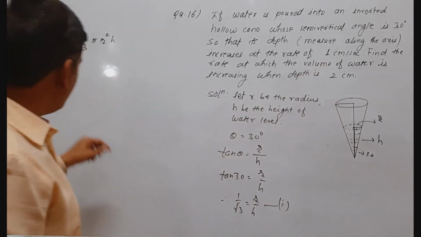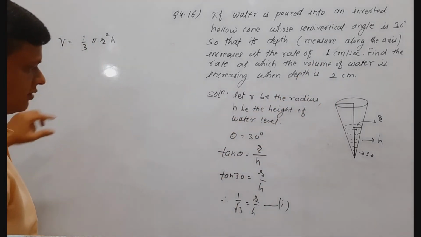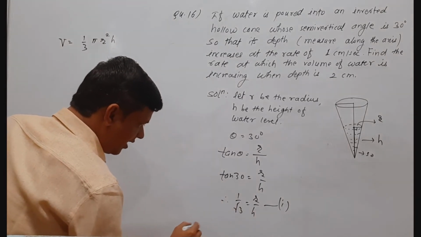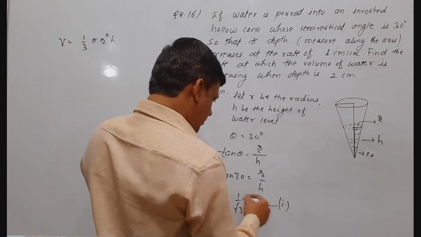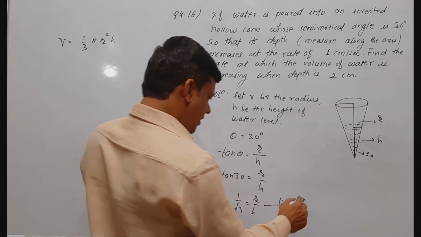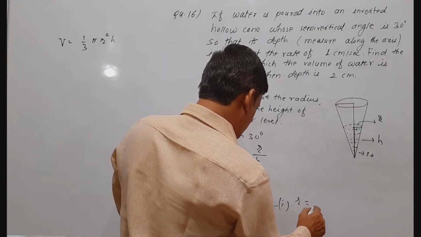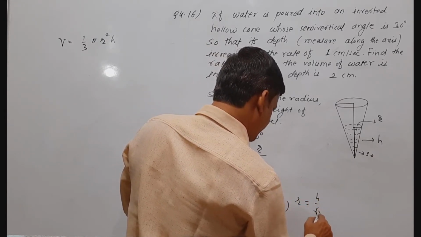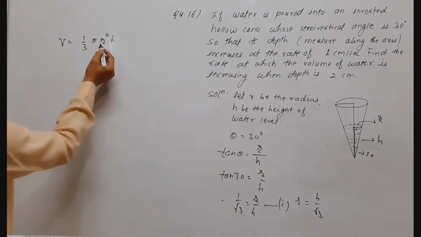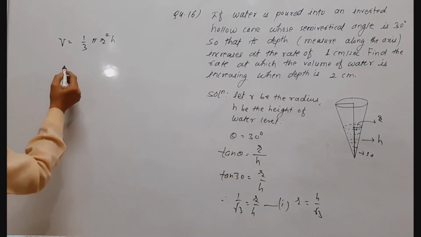So we have to convert this r in terms of h. From equation 1 we write the value of r in terms of h, that is r is equal to h by root 3.